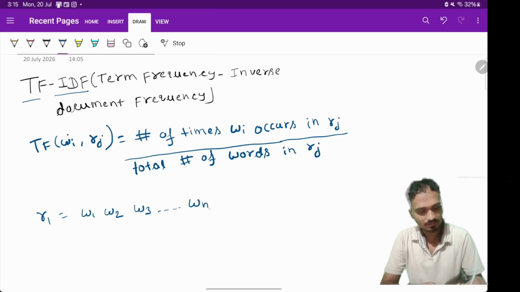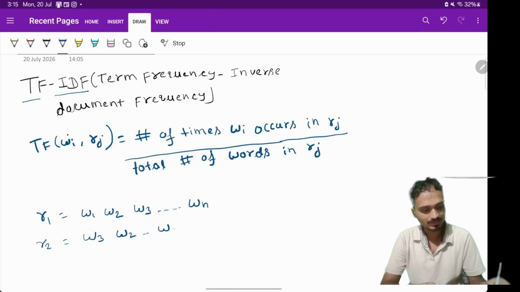Similarly, let's say we have R2, which contains another sequence of words, W3, W2, or let's say W1, then something else. The words can be in any order in other sentences. So this is R2 and this is R1.